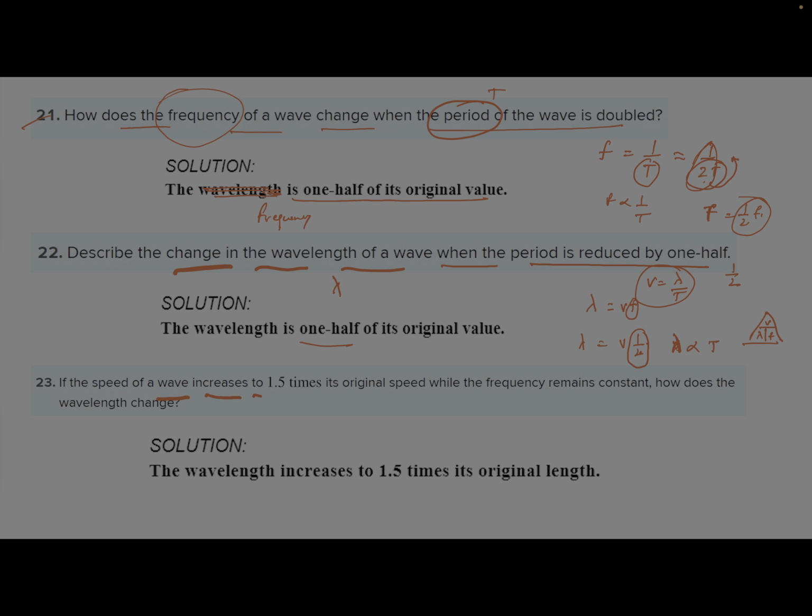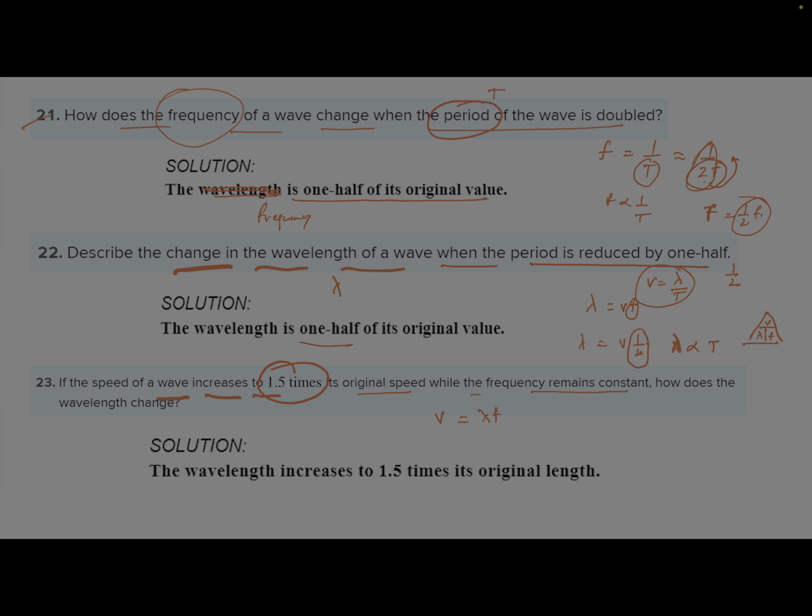If the speed of a wave increases 1.5 times its original speed while the frequency remains constant, how does the wavelength change? So speed of a wave increasing 1.5 times. So speed and wavelength, what is the relation? Again the same concept. v is equal to what? Lambda f.